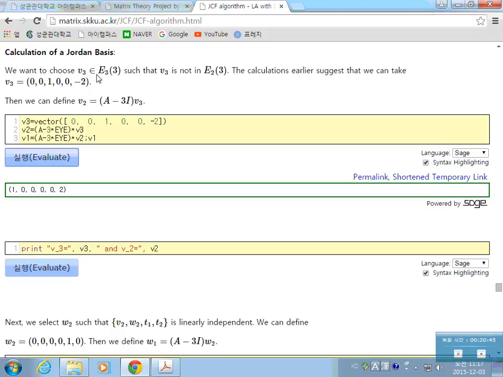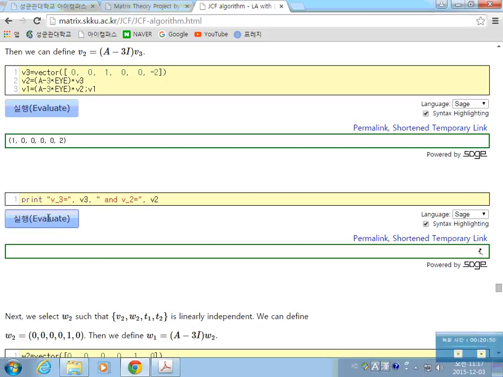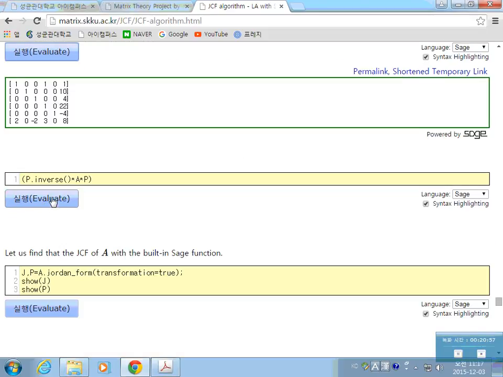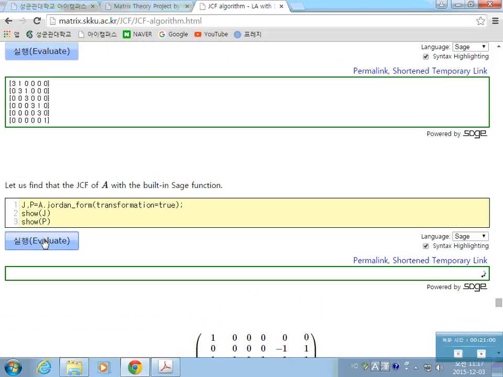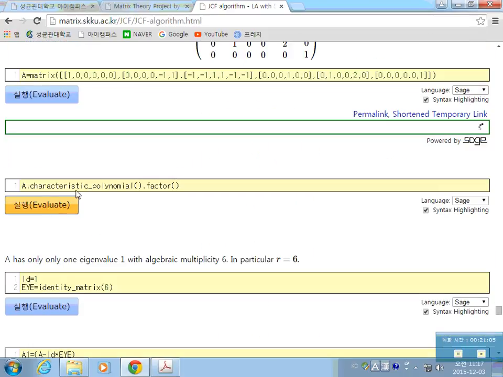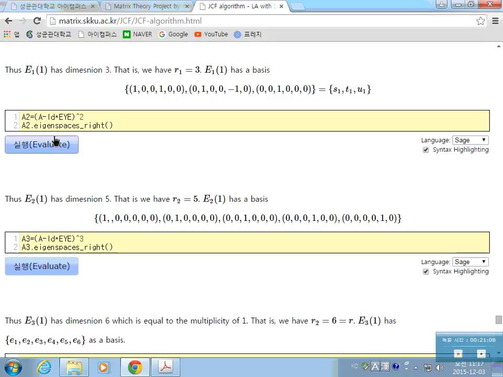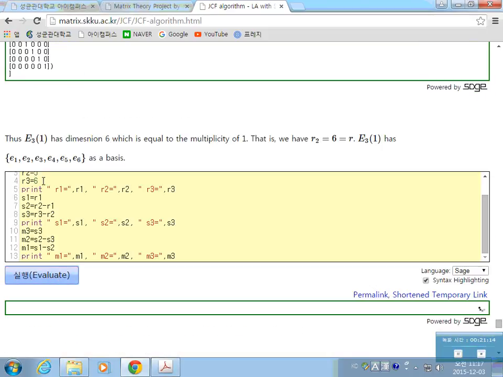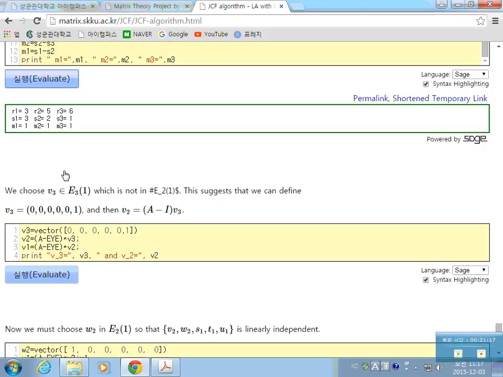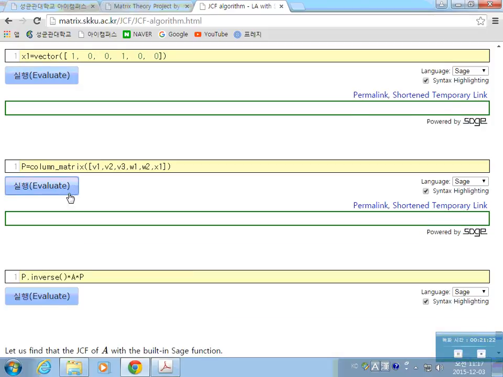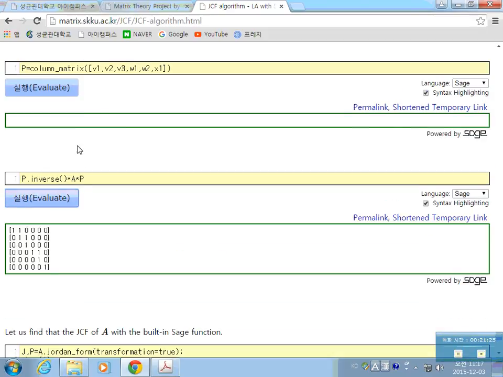And the calculation of the Jordan basis, this means the Jordan chains, the basis for the Jordan chains. This gives you the whole detail of the computations, the algorithm which works. So this gives you how to find the Jordan canonical forms: the characteristic polynomials, eigenvalues, eigenspaces, and the linearly independent eigenvectors, which give you R_i's, P_i's, S_i's and M_i's, which give you a Jordan canonical form, and then the transition matrix.